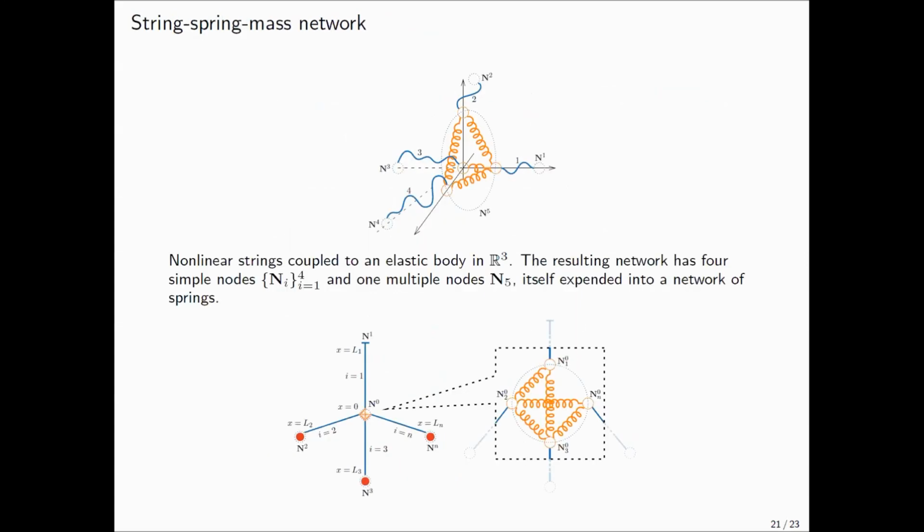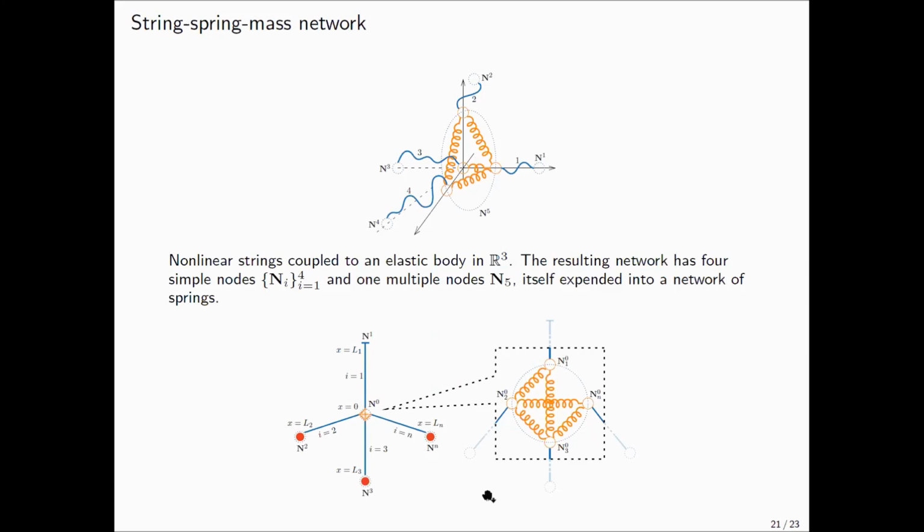And the final word is for working preparations, where instead of taking a rigid joint, as I mentioned before, we want to represent a joint where, here it's first for strings, the strings are coupled at the multiple node to an elastic body. And to represent that, the multiple node is expanded into a network itself, which is made of springs and masses.